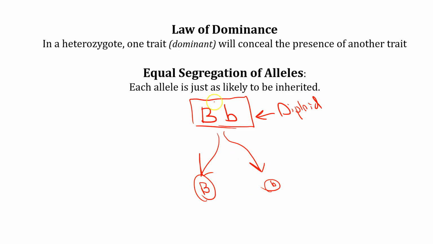That's what equal segregation of alleles means. It's not like the dominant allele is much more likely to be packaged into the gamete versus the recessive one. No, for any two alleles on homologous pairs of chromosomes, either one is just as likely to be passed down into a gamete.